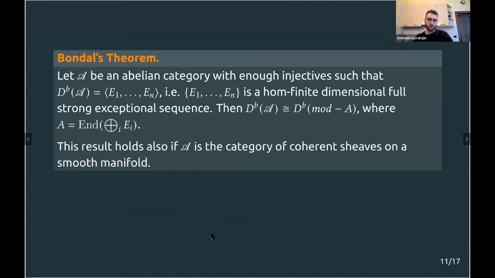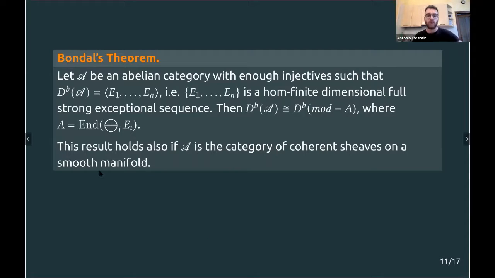And this is the statement of Bondal's theorem. Let A be an abelian category with enough injectives such that the bounded derived category is given by a finite dimensional full strong exceptional sequence. Then the bounded derived category is in fact exact equivalent to the bounded derived category of the right modules of A, where A is the endomorphism ring of the direct sum of all the exceptional objects we were considering. So actually what we are saying is that our category was already determined only by this exceptional sequence.